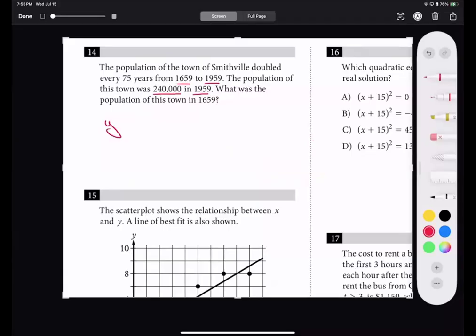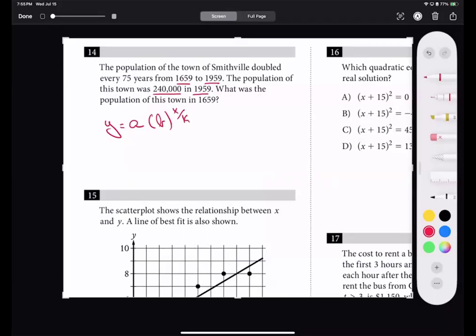So y, the result, is the initial times 1 plus the increase b to the power of x divided by k. Would you put that in Desmos? Yes, you can input that.